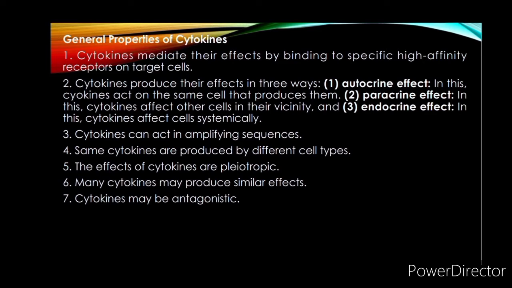For example, IL-1 and TNF can be produced by virtually any cell. Next, number 5, the effects of cytokines are pleiotropic. That is, they act on many cell types, causing many different effects.